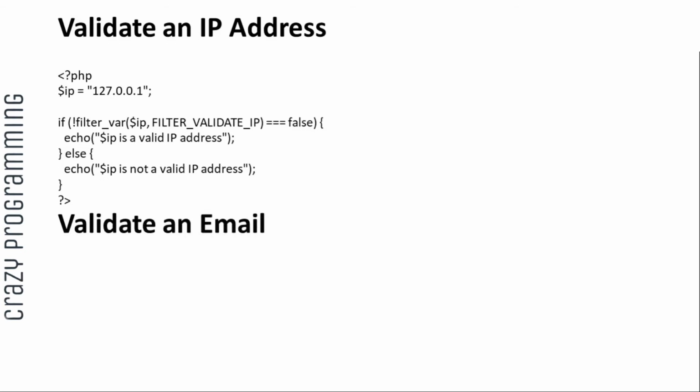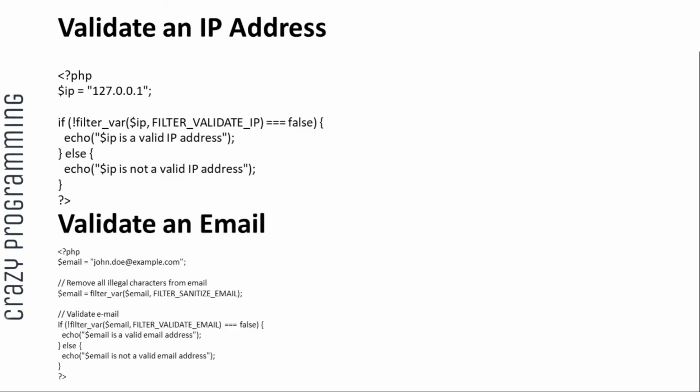Now we will validate an email, and this is how you can validate the email. Same, first we will create a variable with an email value, that is john.gmail.example.com, and then I create email equals to filter_var email, and then FILTER_SANITIZE_EMAIL.